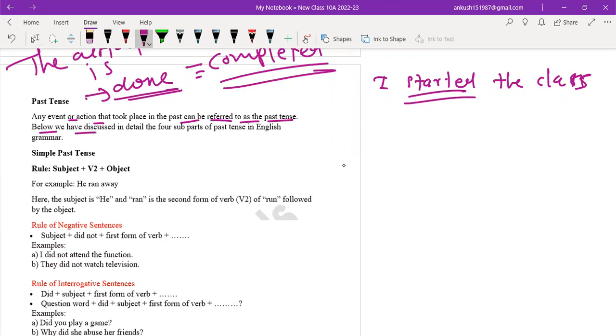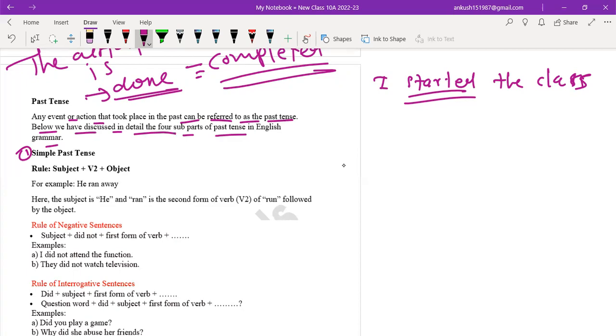Below, we have discussed in detail the 4 subparts of past tense in English grammar. Let us understand the first subpart of past tense, and that is simple past tense. It is very, very easy.